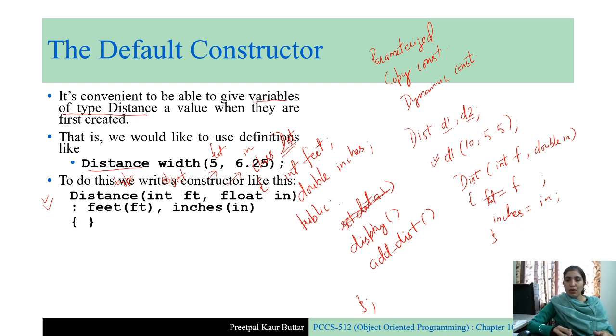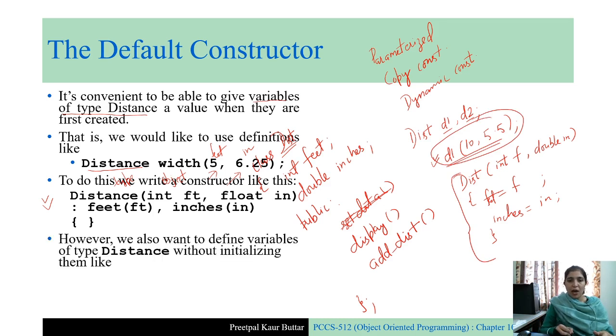We want to use this type of initialization when we create the objects, and for this we need to create such a type of constructor. However, we also want to define variables of type distance without initializing them.